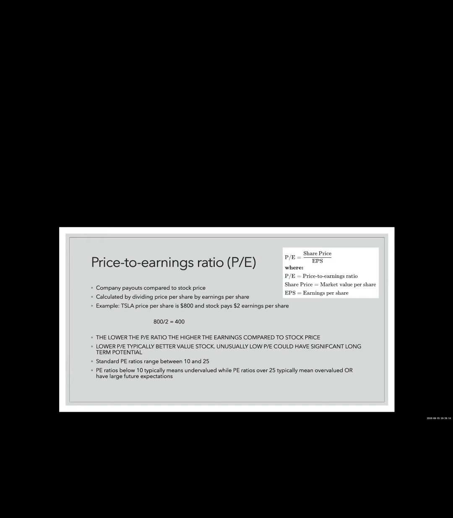So, Amazon has a PE over 25, but that's because they have large future expectations. I mean, everyone in the entire world thinks Amazon will just keep going up. I mean, why not, right? They make a stupid amount of money. So it's very common to see high PE ratios on solid companies that have a lot of future expectations.